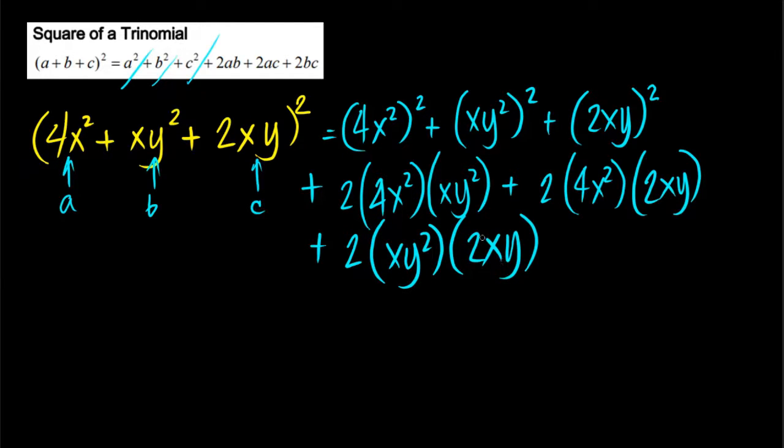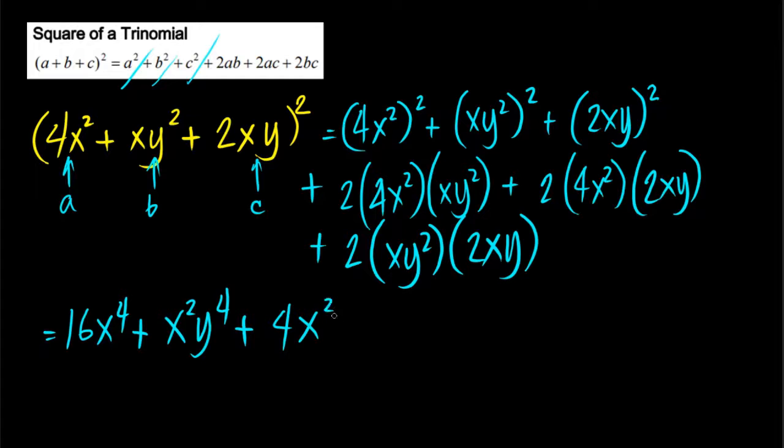So, yeah, simplified na rin siya, no? We have 4x squared squared, which is 16x to the 4th, plus xy squared squared. Unahon squared. We have x squared y to the 4th, plus 2 squared, that's 4x squared y squared, no? Plus, we have 4 times 2, 8.